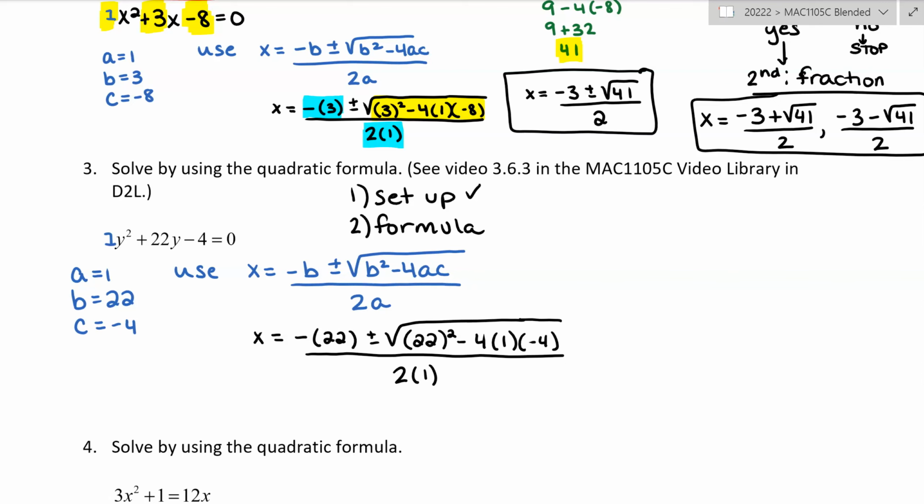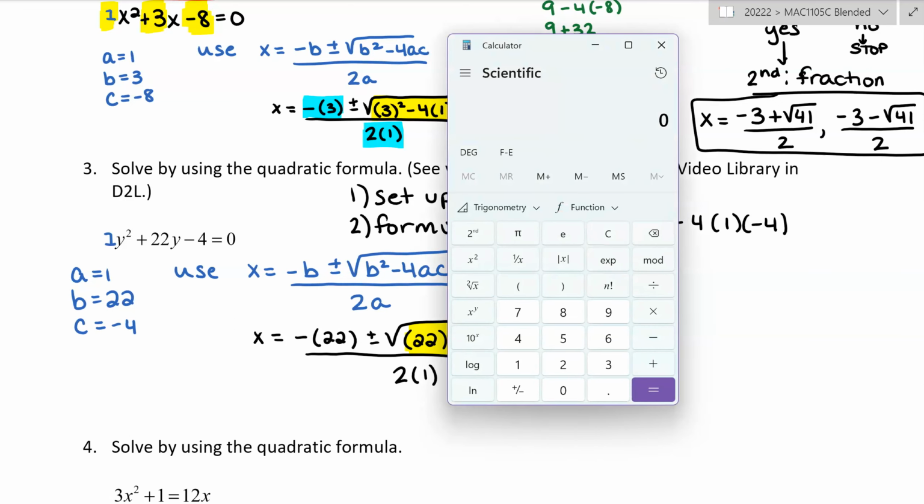All right, again, hardest part is this radical. So I'm going to have to do that math. I have to do 22 squared minus 4 times 1 times -4. Now 22 squared, not something we know in our heads. We're going to take out our calculator.